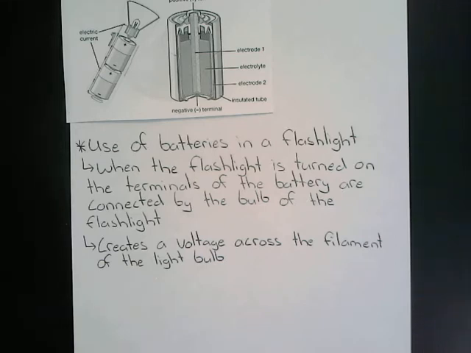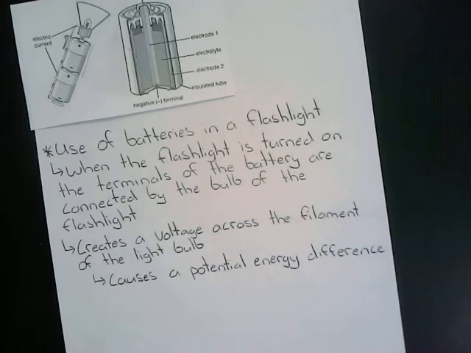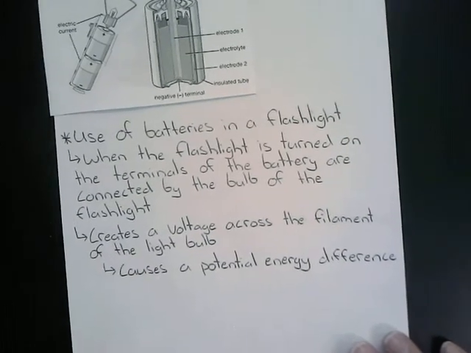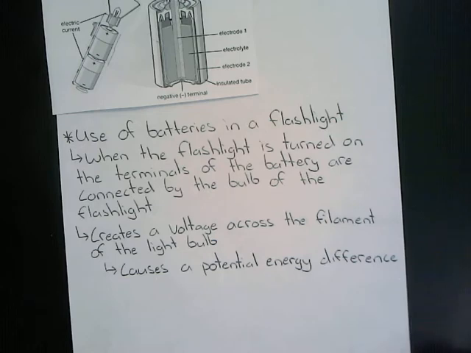Now, when we have this voltage across the filament, it's going to cause a potential energy difference. And this potential energy difference causes the charges within the battery to move from an area of higher potential energy to an area of lower potential energy.